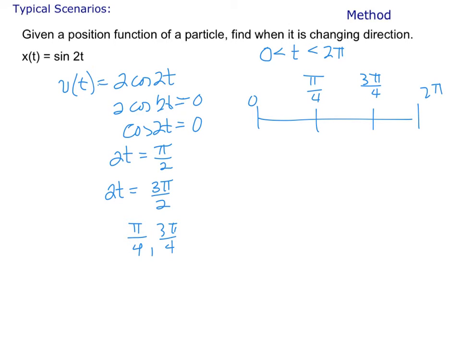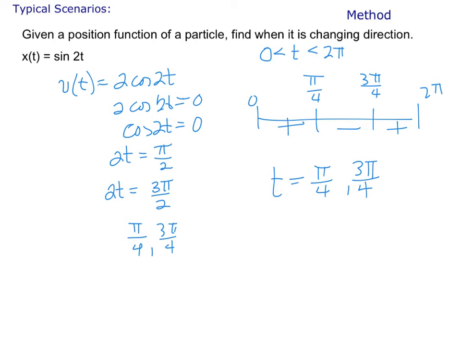If I put them back in, I picked pi over 8, and when I put pi over 8 in, the cosine of pi over 4 is positive. Then if I pick one in between, that would be negative, and then this one is plus. So it does change signs. So t is pi over 4 and 3 pi over 4.